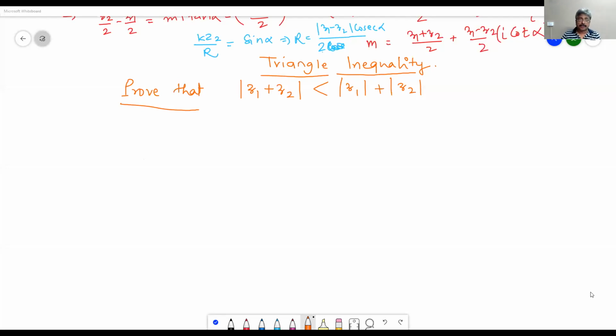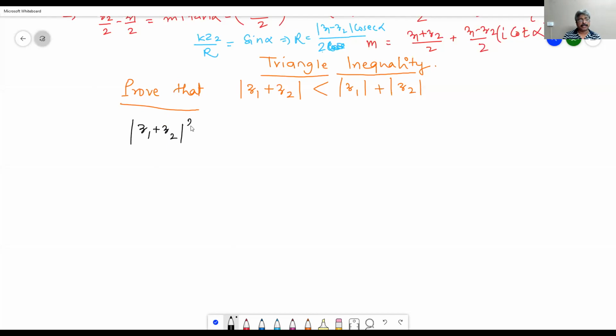So if we start with, everyone pay attention to the board, and which property is used, you need to identify and understand.